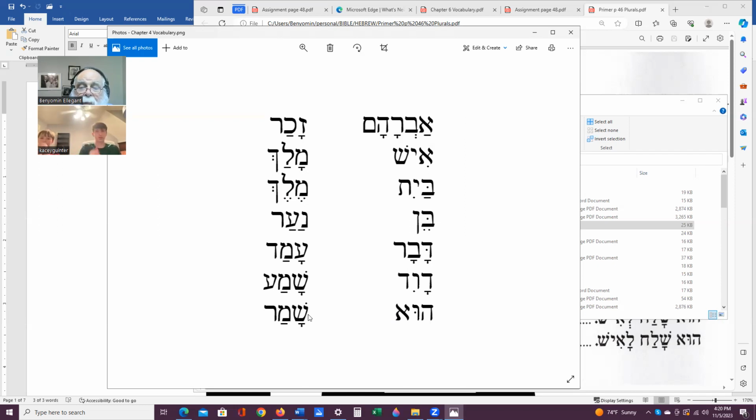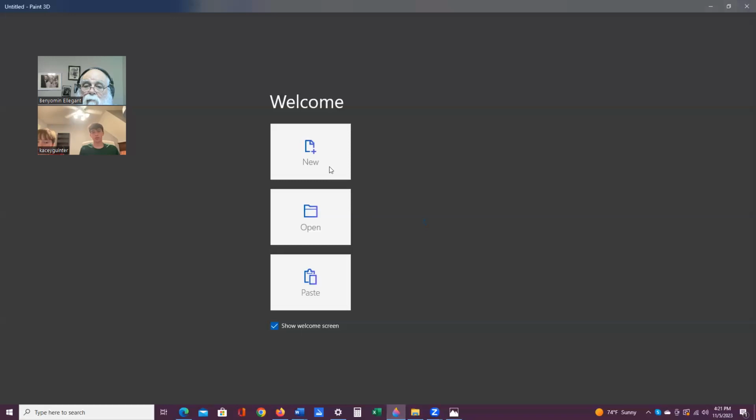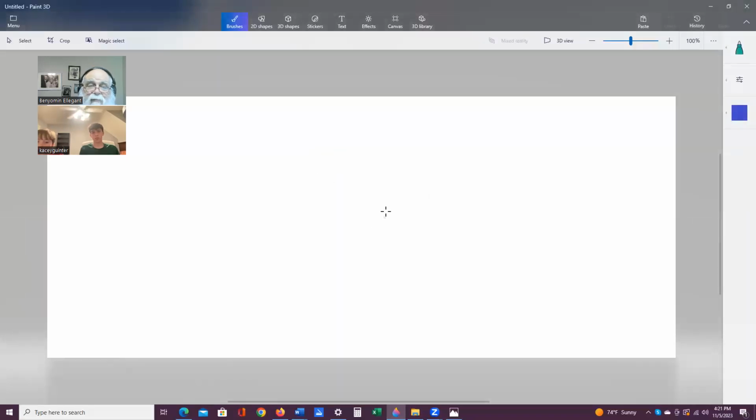Guarded. Okay. Now we're going to learn, and I don't know if it's covered in this chapter, but they are going to describe verbs like this. For instance, shamar, they're going to describe it like this.